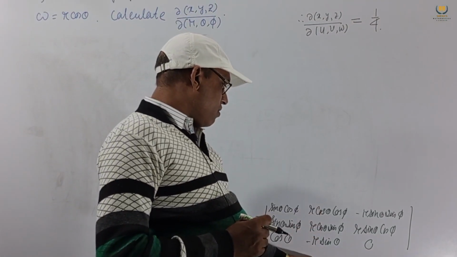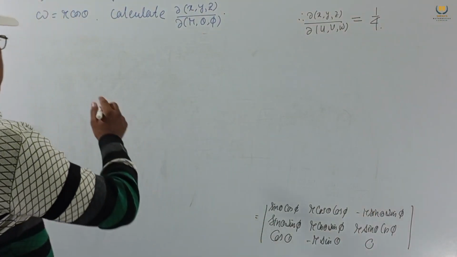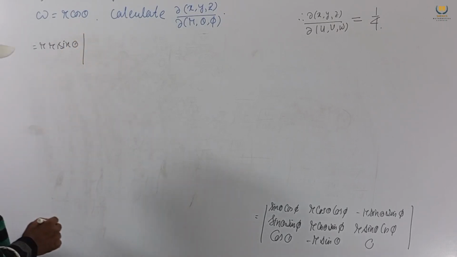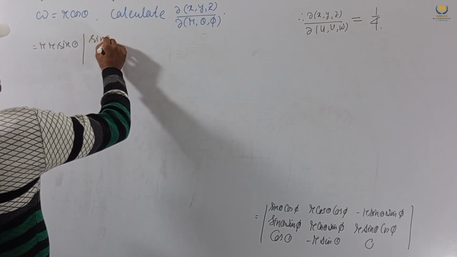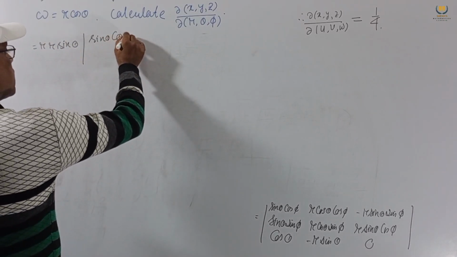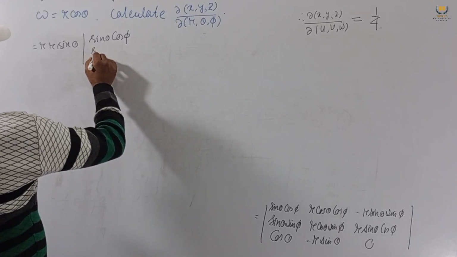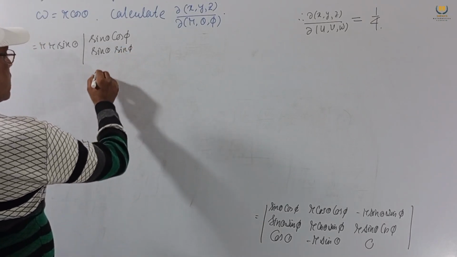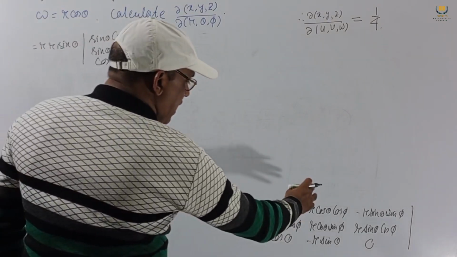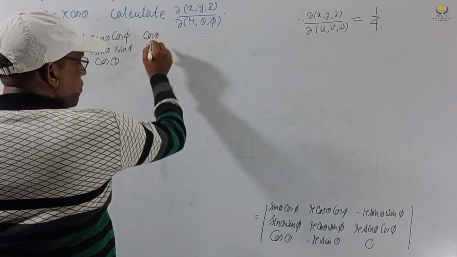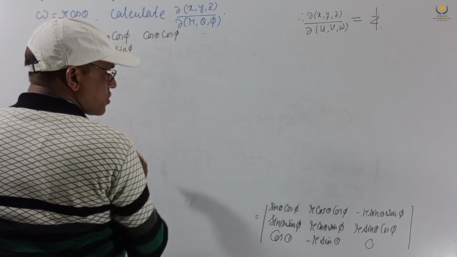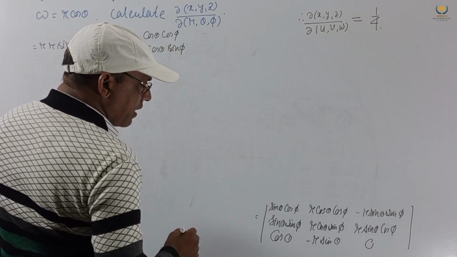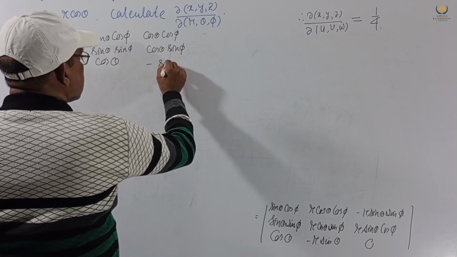Now from this column r common, from this column r sin theta common, then taking r sin theta common, we get sin theta cos phi, sin theta sin phi, cos theta, and here r common, we get cos theta cos phi, cos theta sin phi, and minus sin theta.